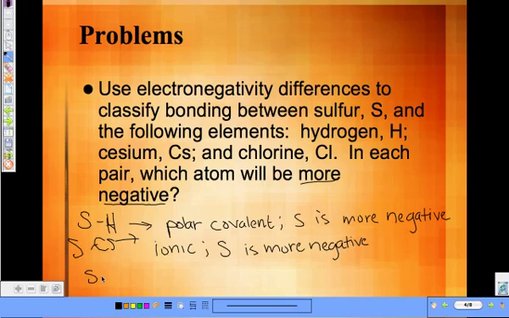And the last one, sulfur and chlorine. Sulfur is 2.5. What's chlorine? 3.0. So we just need the difference. So what's the difference between them? 0.5. And so what kind of bond? And which one's more negative?